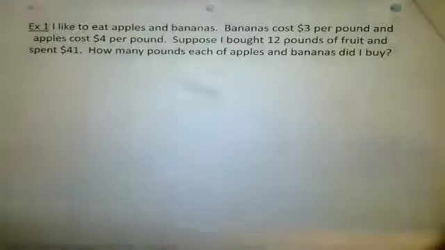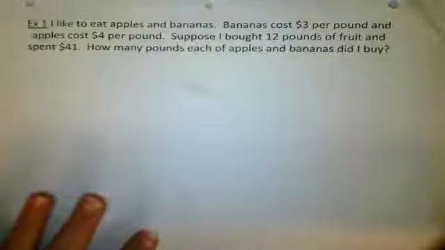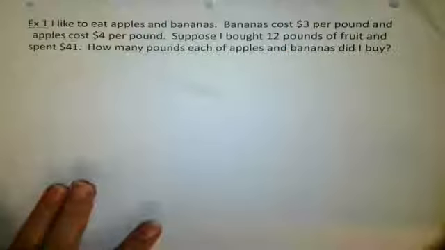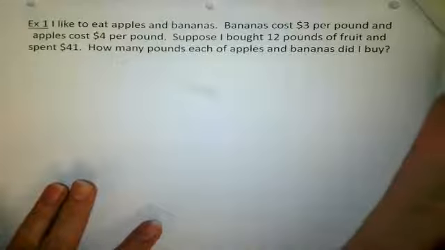All right. So the very first thing you need to do when you're approaching any word problem, any application problem, is look at the question. What is the question being asked? What are we trying to figure out?